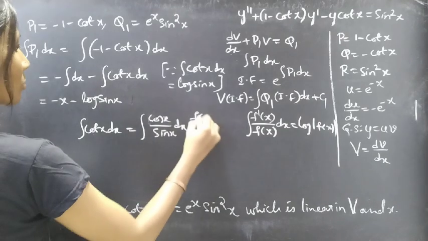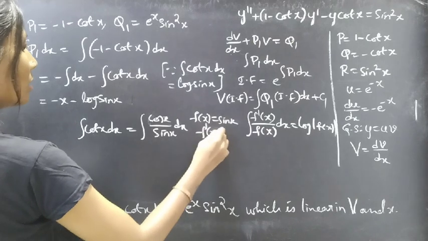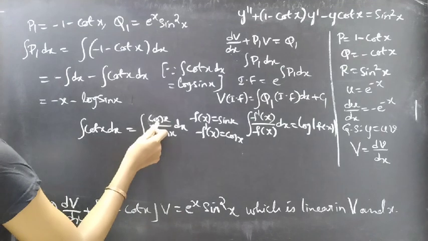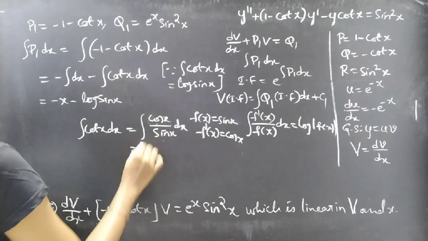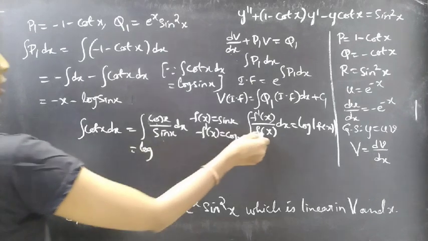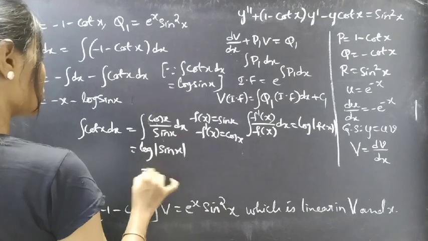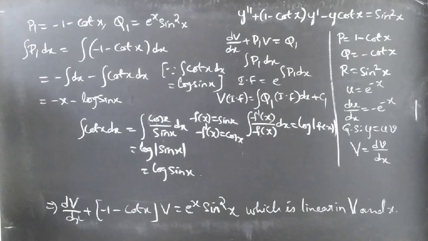If f of x is sin x, then f dash of x will be cos x, right? So this is of the form integral f dash of x by f of x dx. If you apply this formula, we'll get log mod sin x, or log sin x simply.